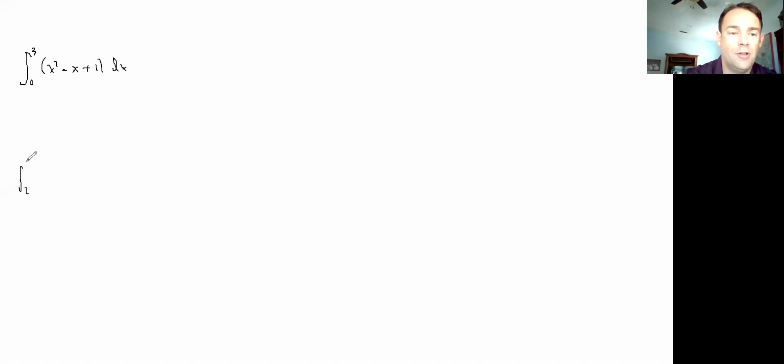We'll go from 2 to 5, and we'll go root x minus 1. And we'll end with one more here. How about we make it from 1 to 2? 1 over x plus 2 squared.